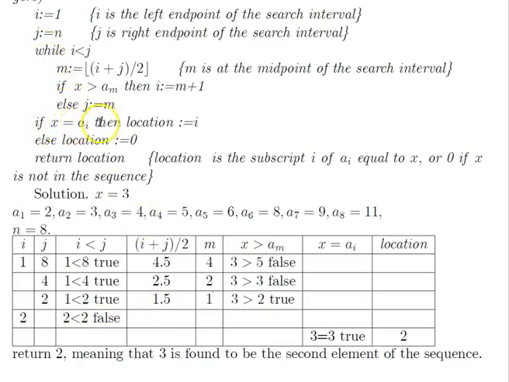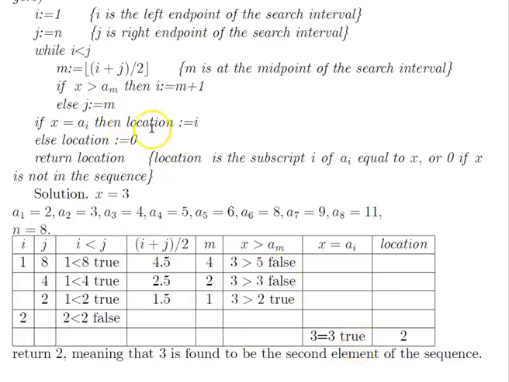We do the next statement, which is this if statement. The condition x equal a sub i, x is 3, in i we have 2, a sub 2 is 3, so this is true.